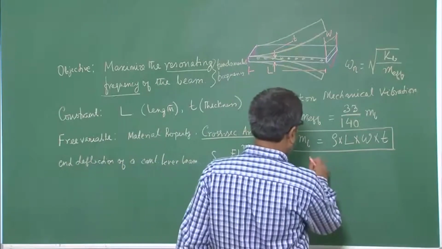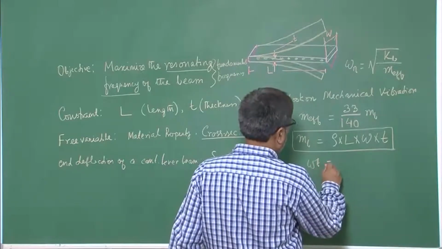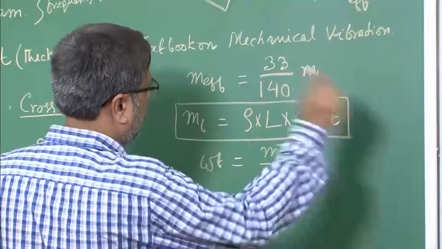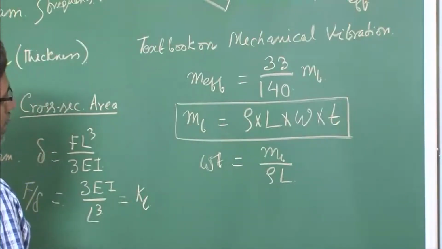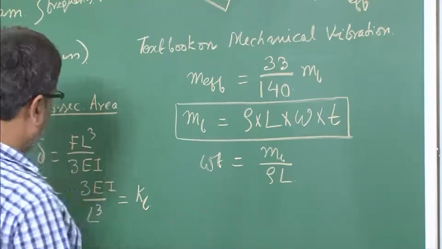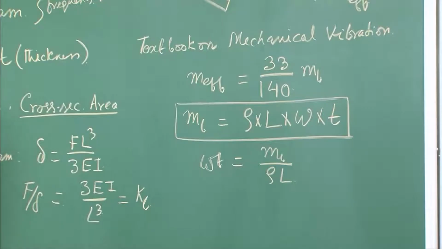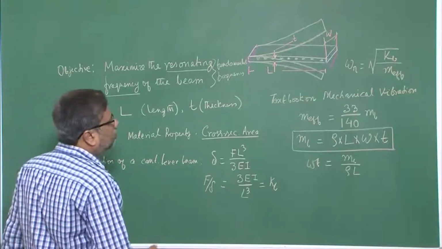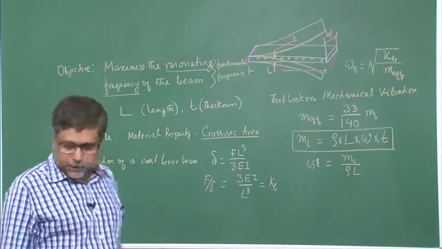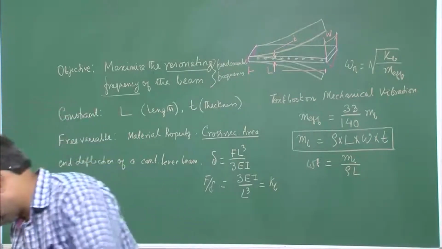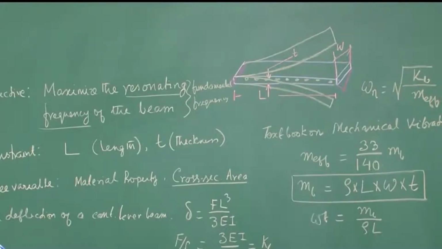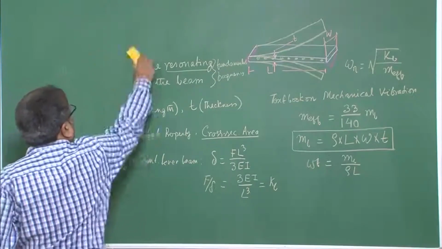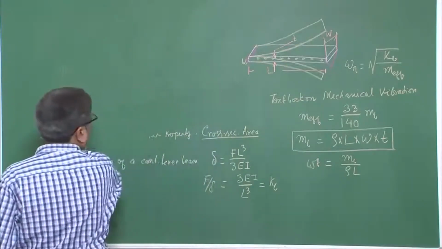In other words, WT is nothing but MB over rho L. So if you look at the expression of omega n, let us try to write down the expression of omega n here, and let us erase this part and work on the system.